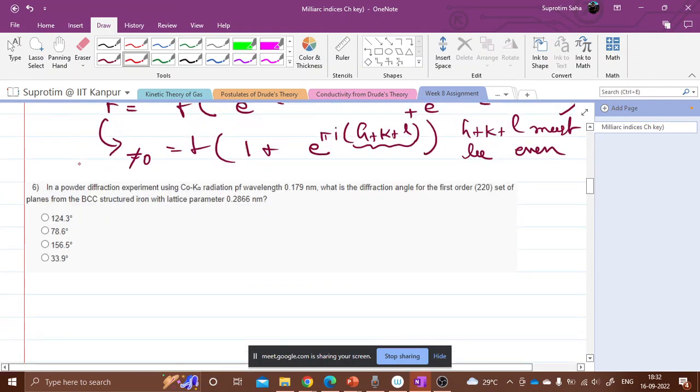In a powder diffraction experiment using cobalt K alpha radiation of wavelength 0.179 nanometer, what is the diffraction angle for the first order 220 set of planes from the BCC structured iron with lattice parameter 0.2866?